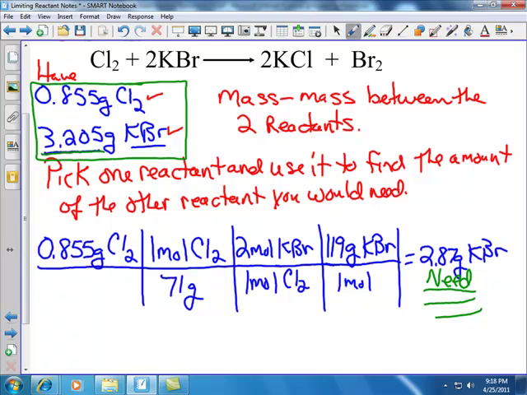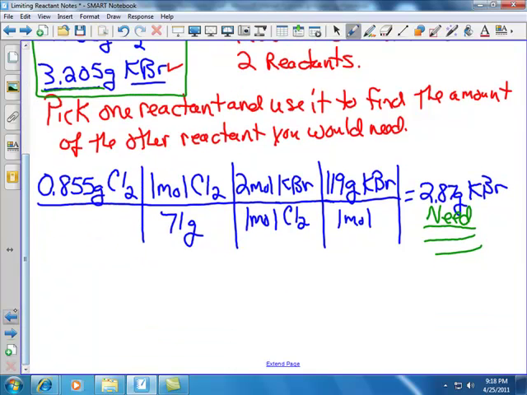So actually I've just calculated my limiting and my excess. My limiting reactant is going to be chlorine. So Cl2 is actually limiting.